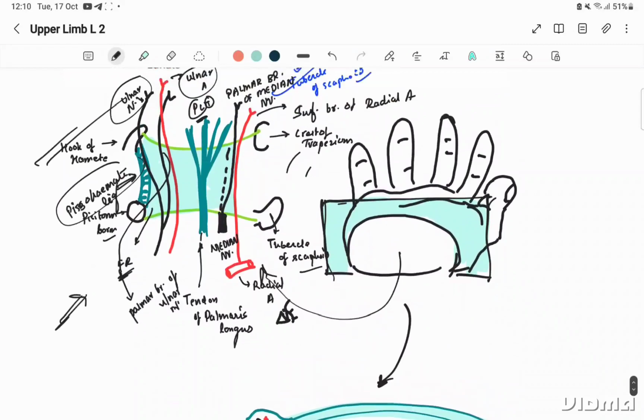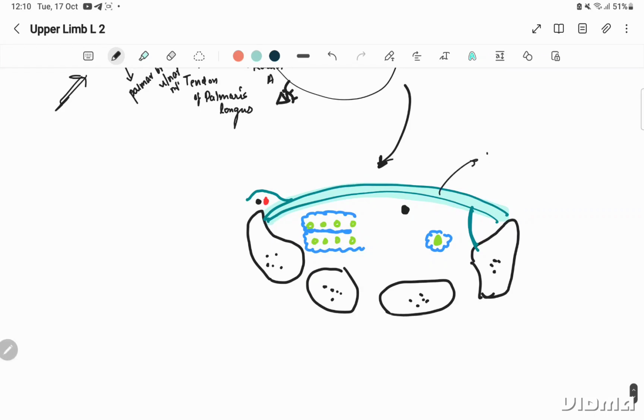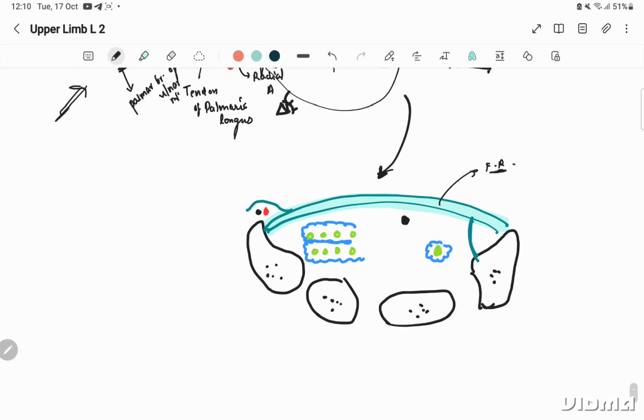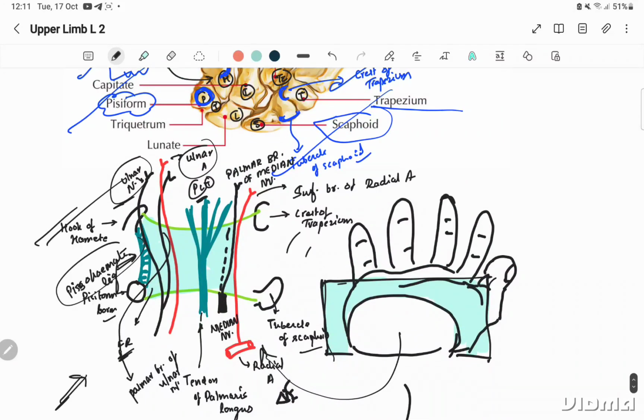So let's see a cross section through the flexor retinaculum. This one is the flexor retinaculum. It has two slips, a superficial slip, deep to which an artery and a nerve pass, that is the ulnar nerve and the ulnar artery. Here you can see the ulnar nerve and the ulnar artery.